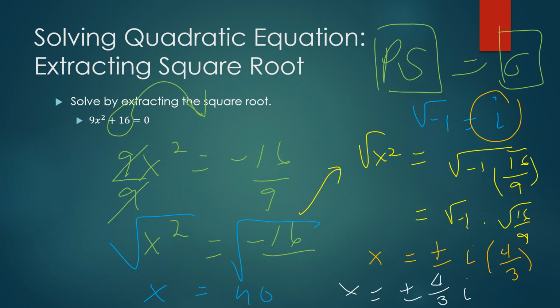Again, this may not be required for a moment, but later on when we deal with radicals and the complex number system, you will have to write the roots as positive negative 4 thirds i. But for now, we can simply say no real roots. I would like to show how it looks for its graph, but never mind. We'll have a separate lesson for that when we study quadratic functions.